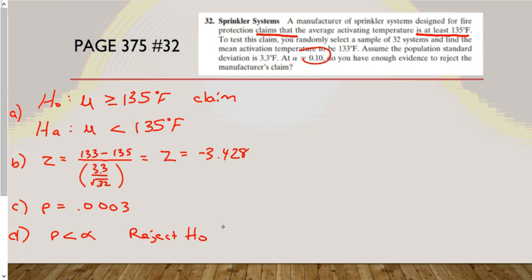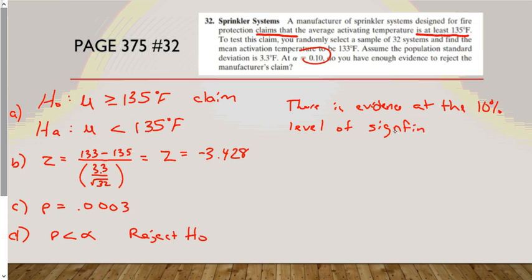In this case, we will say there is evidence at the 10% level, and some people will just say at the alpha 0.10 level of significance, to reject the manufacturer's claim. Sorry for my sloppy writing.